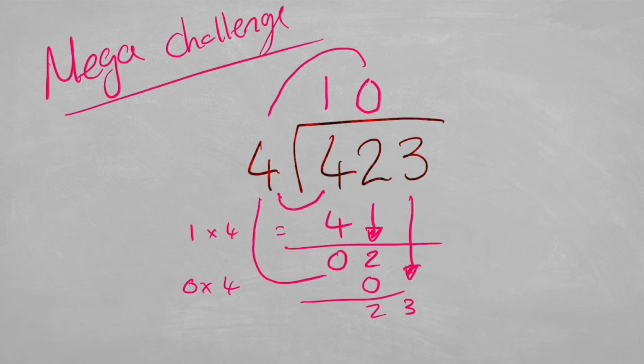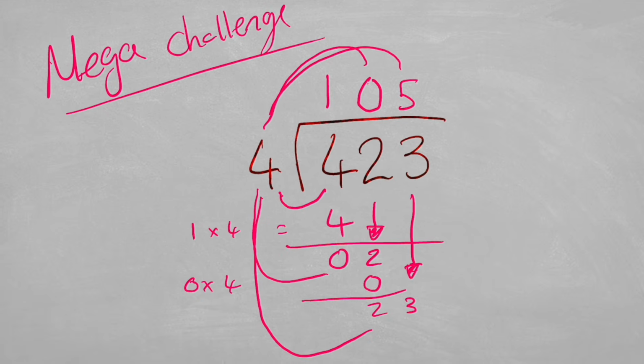Now I do how many 4s in 23? Well, there are 5 groups of 4 in 23, but I think there's some left over. And we can see that by doing 5 times 4, which is 20, and then 23 subtract 20 leaves me 3. But I have nothing to bring down, and I don't have a 0 at the end.